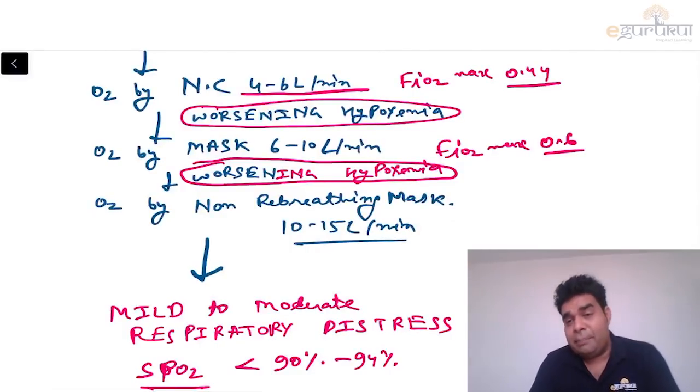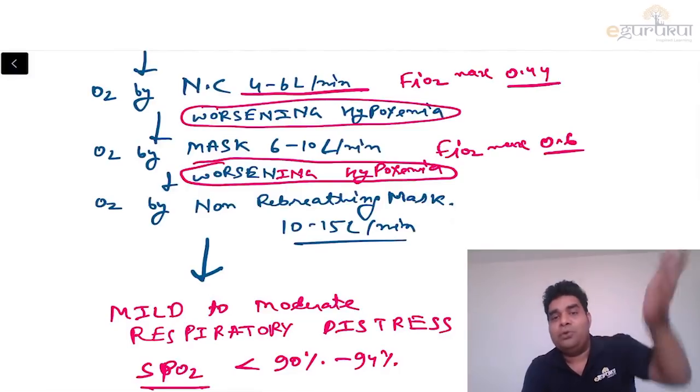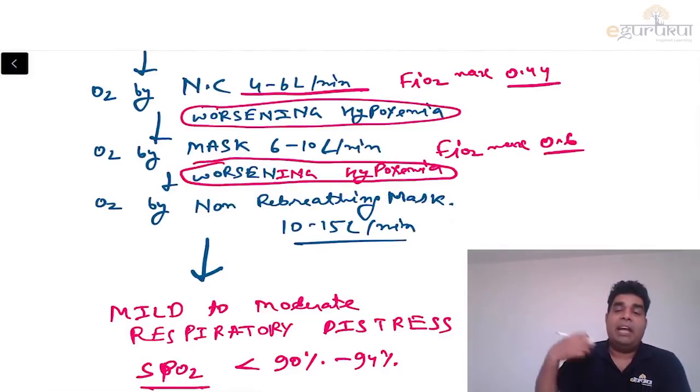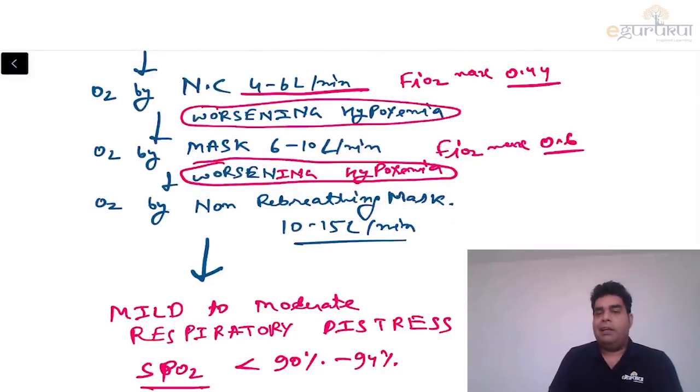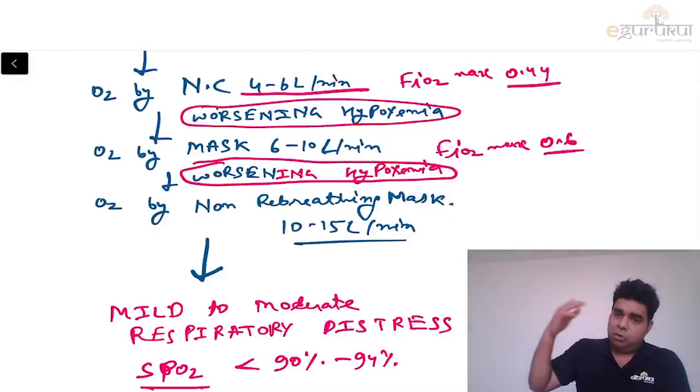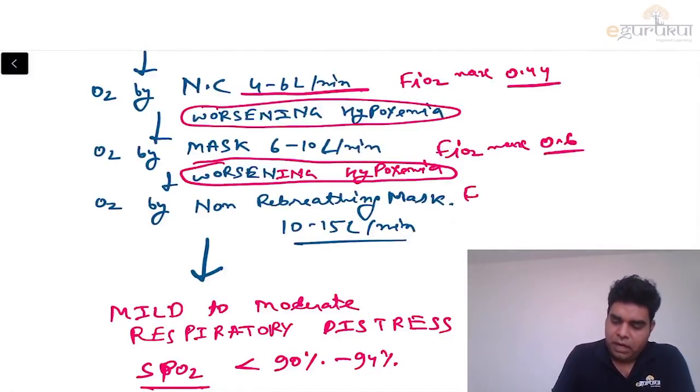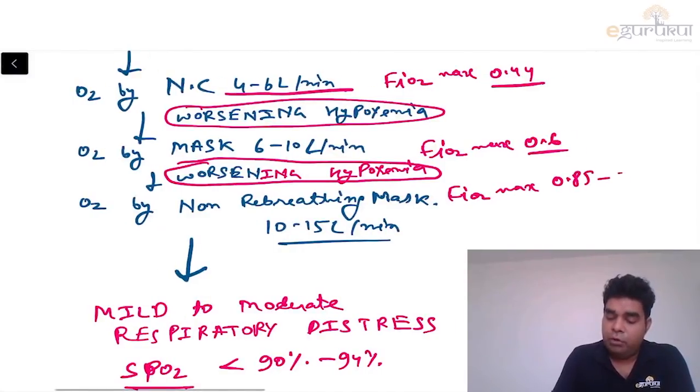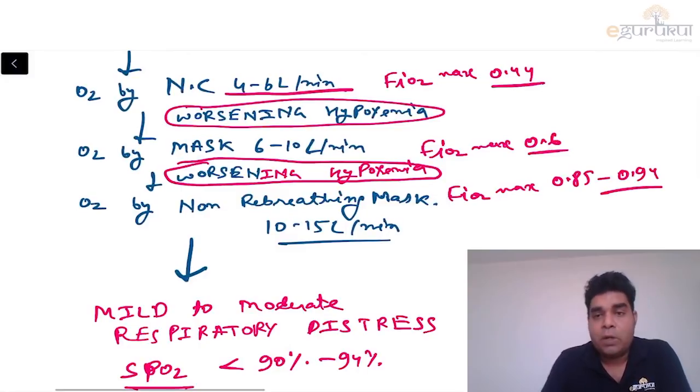Suppose still the patient is worsening, then we can move to non-rebreathing mask, and we can increase the oxygen from 10 liters to 15 liters. And here the maximum FiO2 that we get is 0.85 to 0.94. Okay.